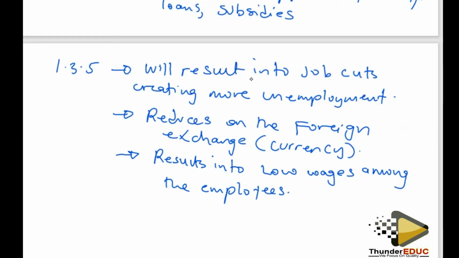Instead, they'll have to cut on the wages to sustain the companies.